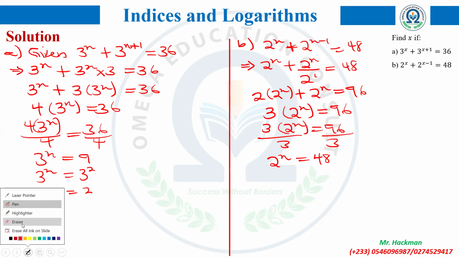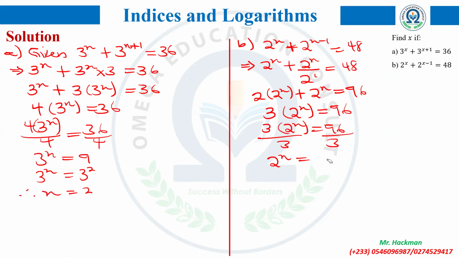So obviously it cannot be 48. It's supposed to be 96 over 3, which is 32.